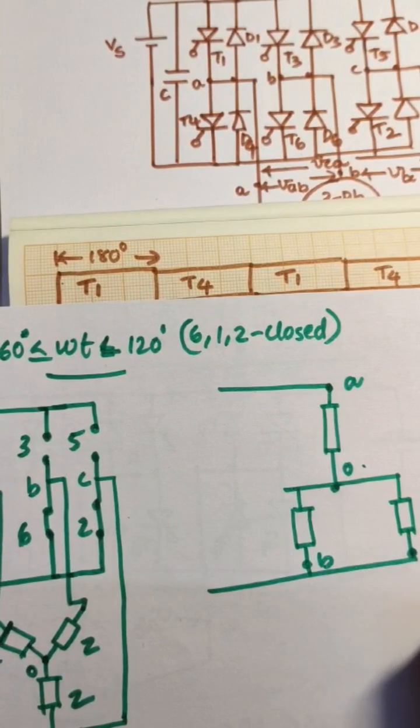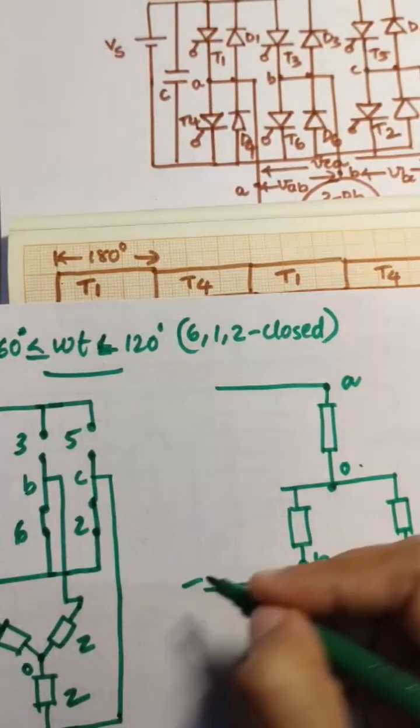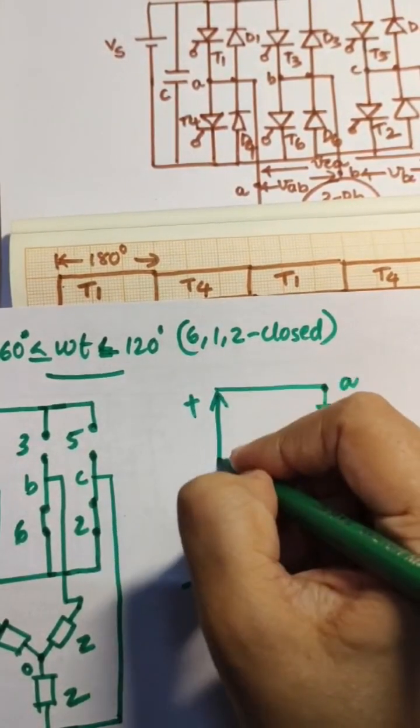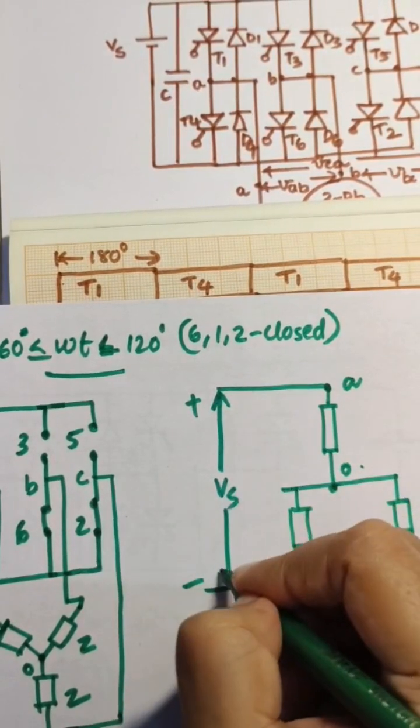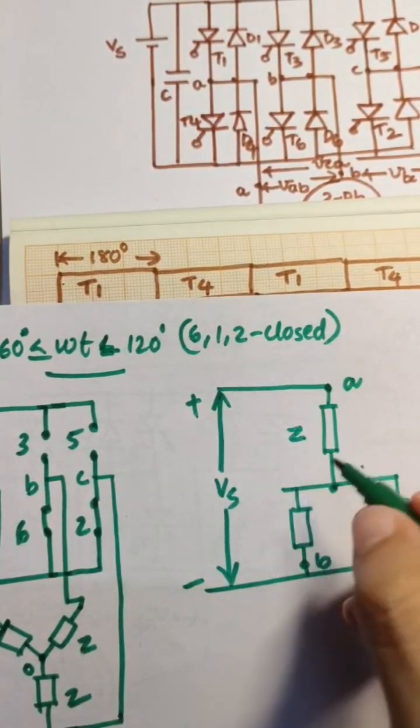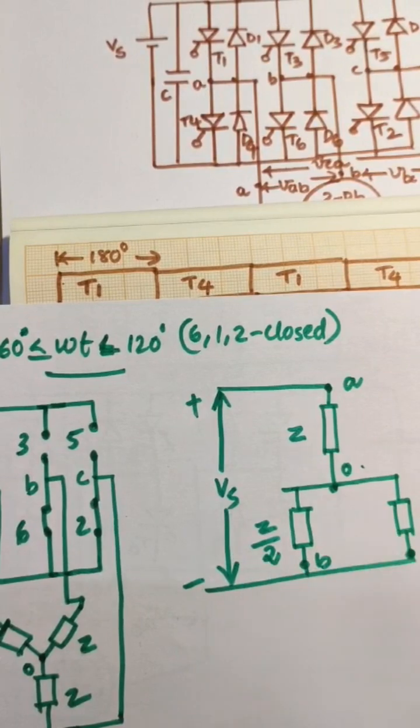B and C are connected to negative. Here Z by 2 is the impedance.